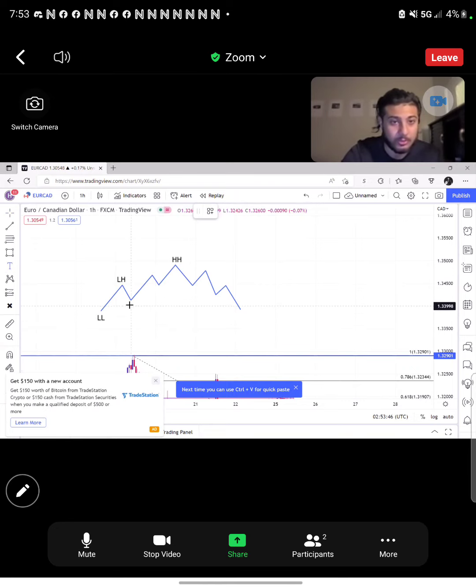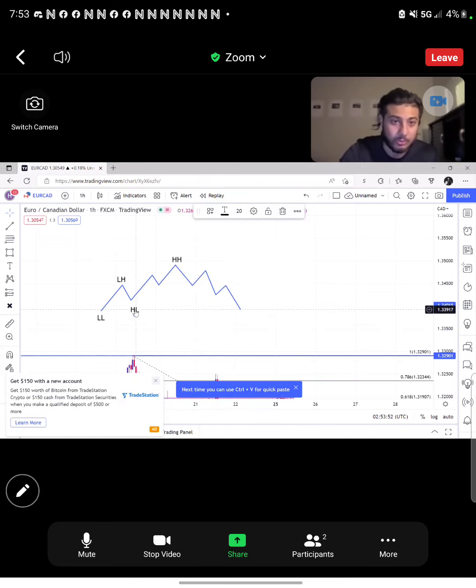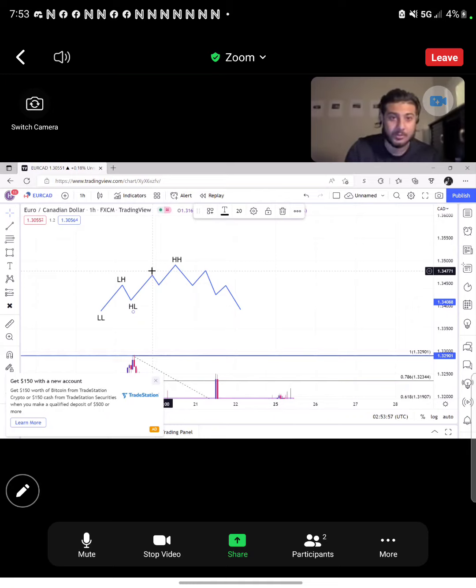This would be a higher low. And you'll see the market do that a lot. So what would this one be right here? Would it be a lower high or a higher low?